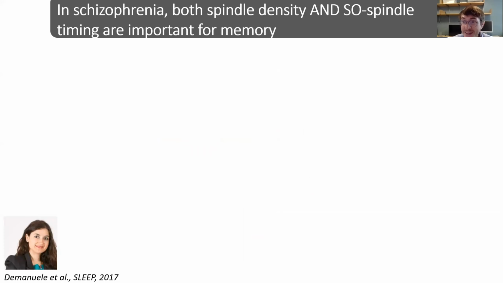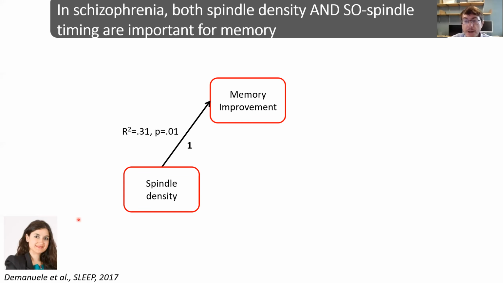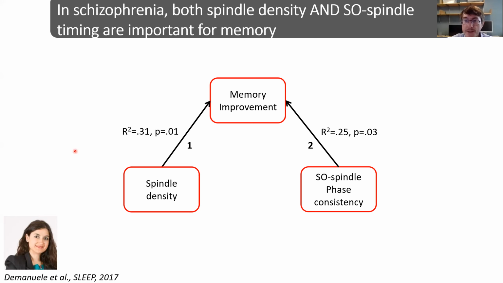So there is a spindle density aspect, but of course, I started this by talking about the coordination between oscillations. Moving on from solely spindles, and this is where the field is going, rather than looking at one single oscillation, looking at this coordination. In another set of subjects, Charmaine de Manuel, who was a postdoc in the lab, was looking at the relationship between these oscillations and memory improvement in schizophrenia.